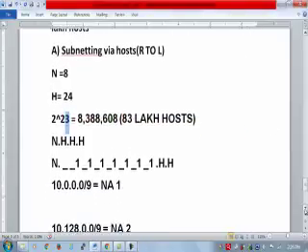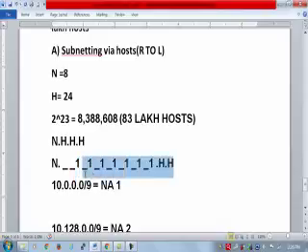Let's do the counting from right to left. 8 bits are entirely dedicated to the host, plus another 8, which is 16, and then 17, 18, 19, 20, 21, 22, and 23.